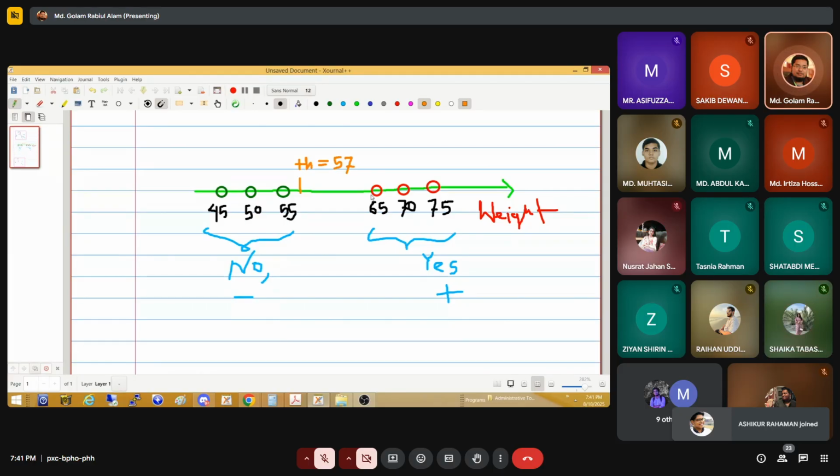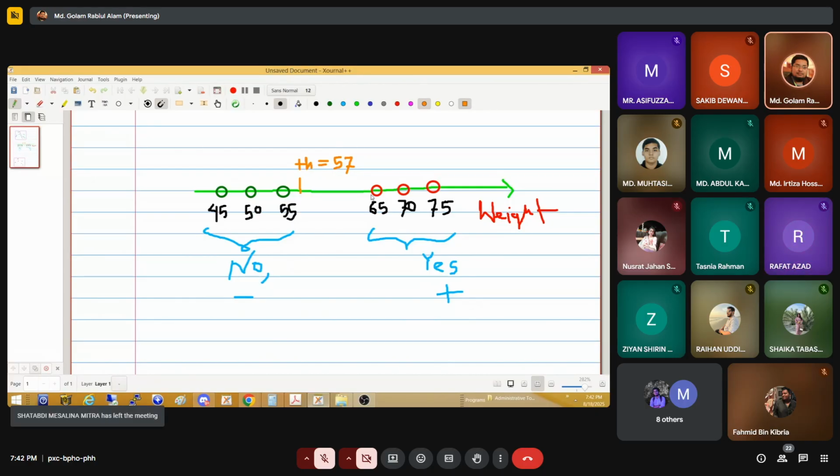So the model learned that if it considers 57 as the threshold, then below the threshold, that is 55, 50, and 45, are the people with no obesity, and greater than or equal to 57, that is 65, 70, and 75, are the people with obesity.